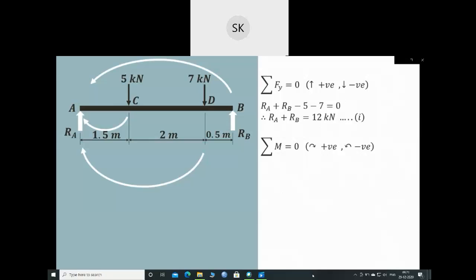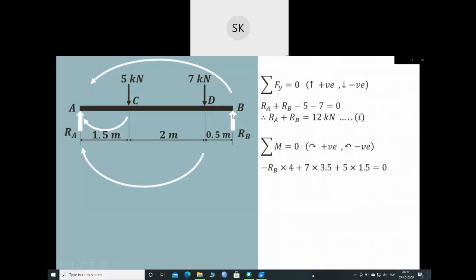The other condition of equilibrium is summation of moments is equal to 0. We'll consider clockwise moment as positive, whereas anti-clockwise moment as negative. Now we'll take moments about point A. Suppose we start from this RB.